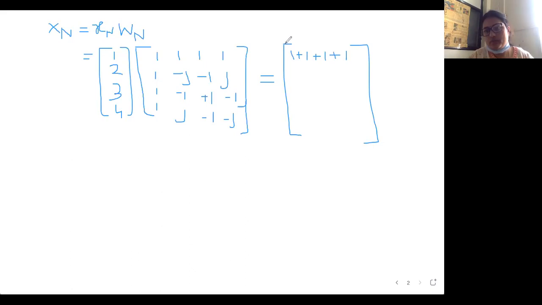So this is what we did for the first row. Then for the second row, this column we will be getting 2 multiplied by 1. So this is going to be 2.